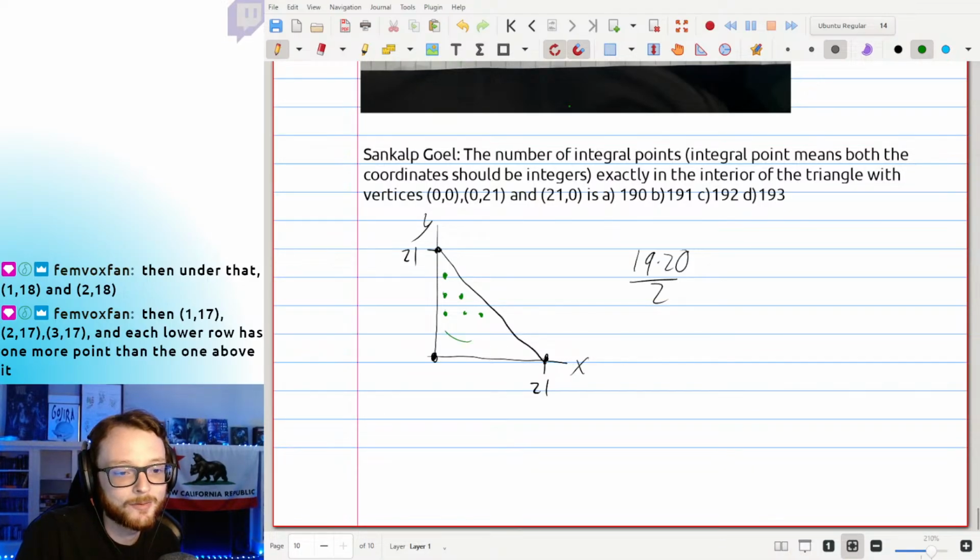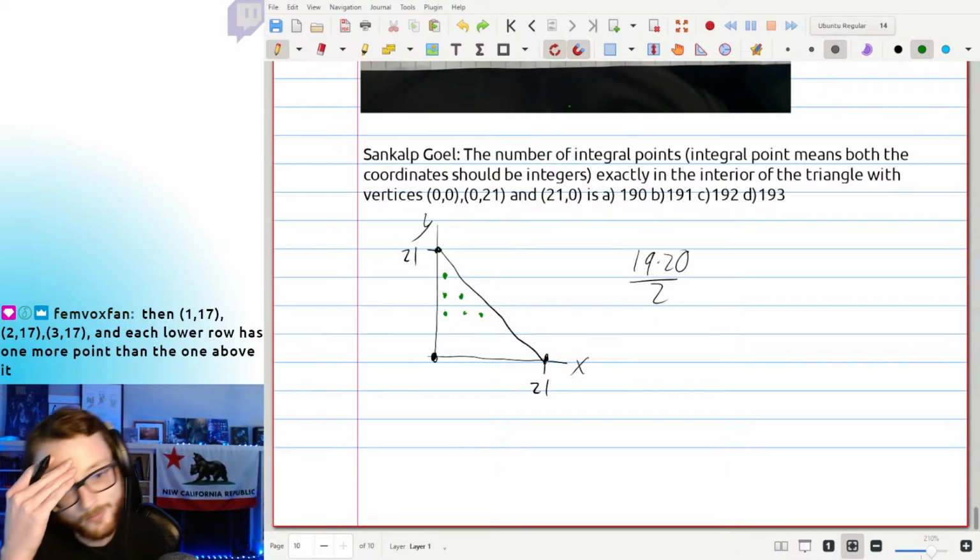Okay, I can see how this is becoming like triangular numbers, like Pascal's pyramid here. Why would the sum of integers from 1 to 19 give the number of triangles you can make?